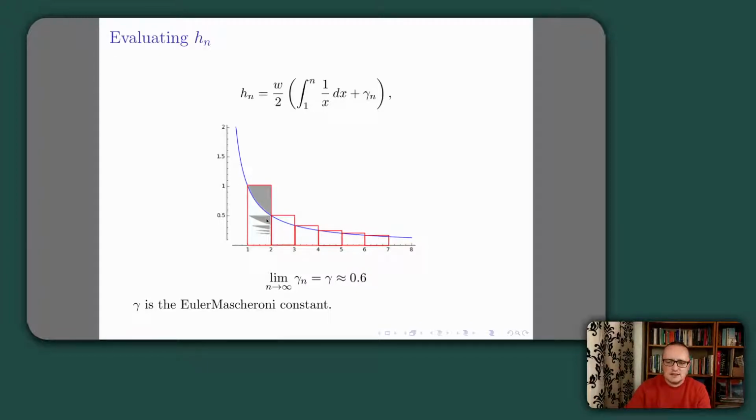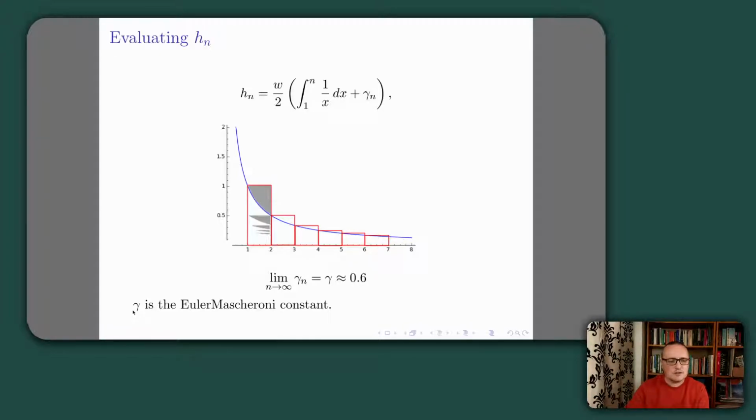So this infinite number of gray errors all fit inside the first block. So the limit of the total gray area is going to be something less than 1. Turns out it has a value that's approximately 0.6. That's the limit of these accumulated gray errors.